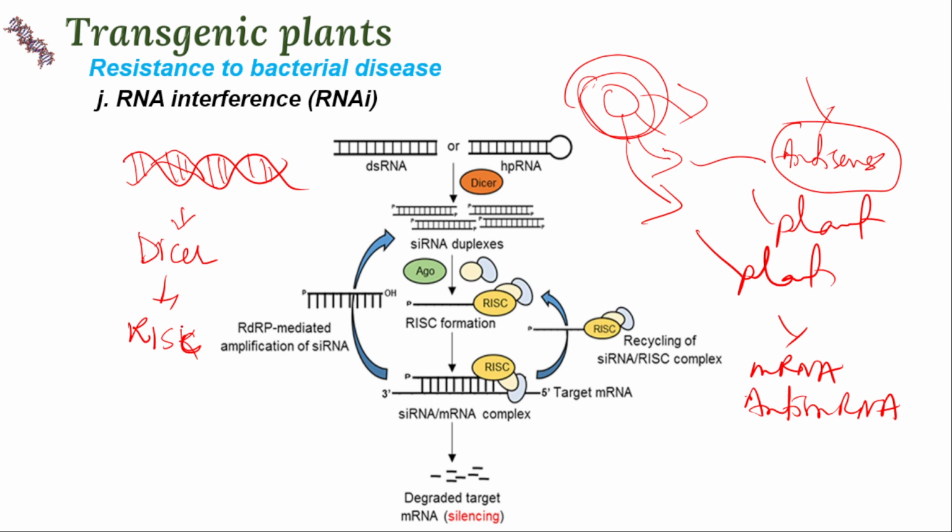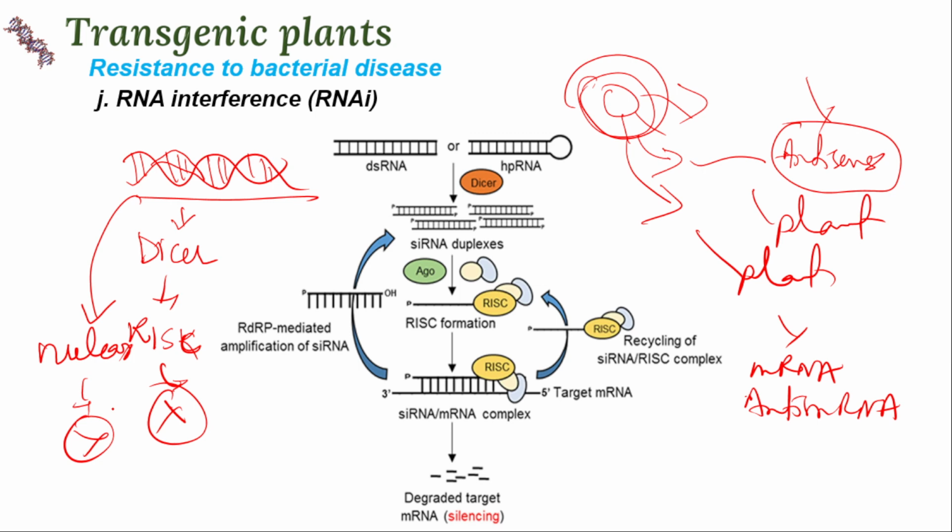This RISC complex will recognize that and then degrade the double-stranded mRNA that is produced. Otherwise, one more mechanism is that it will be recognized by nucleases. These nucleases will degrade that completely. This is the way we can target the bacterial genome so that it will not express because of the formation of the RISC complex and degradation of the target mRNA of the bacteria.